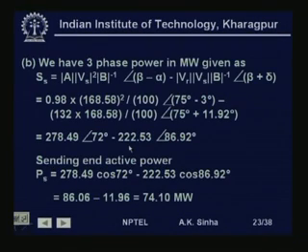Now, for the B part, where we need to find the sending end real and reactive power, we have the 3 phase power in megawatt given as Ss is equal to A Vs square divided by B with an angle of beta minus alpha, minus Vr Vs divided by B with an angle beta plus delta.